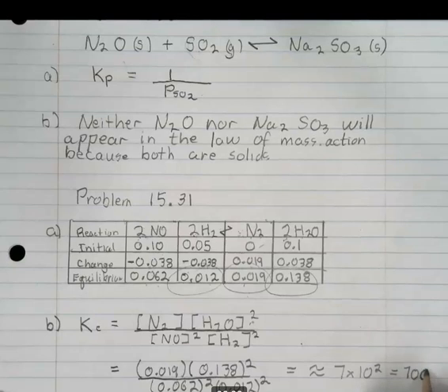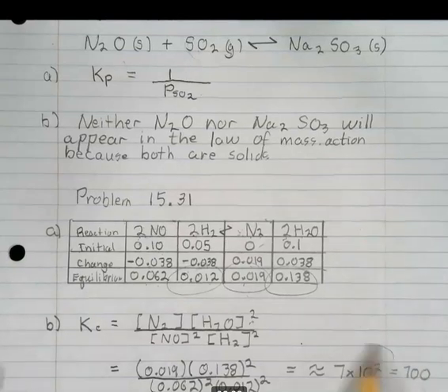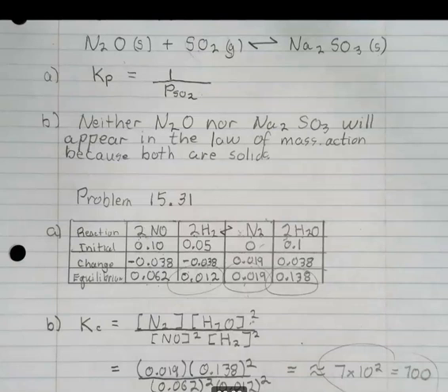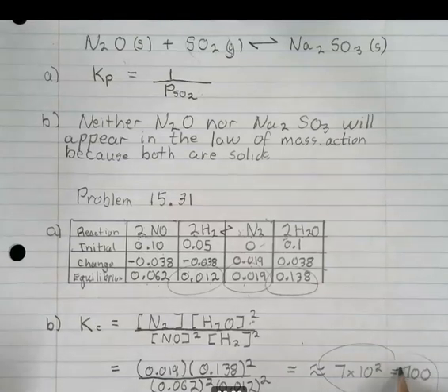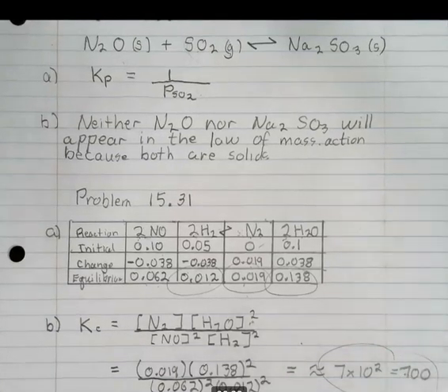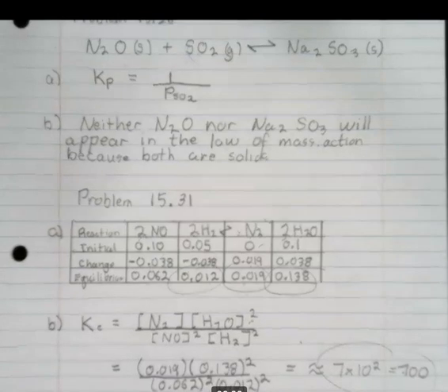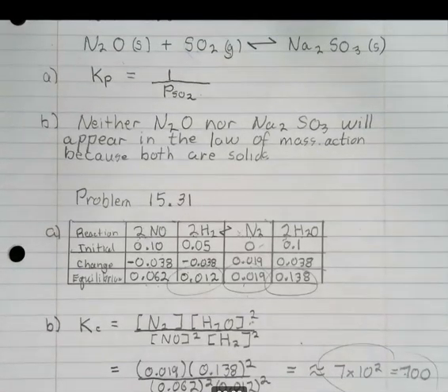Again, I rounded differently than the book, but that's the answer they get, and my answer is about the same. I get 654, but they're, of course, using significant figures, so that's as close as they can get, 700 to 654. Anyway, same answer, and it's all good there.